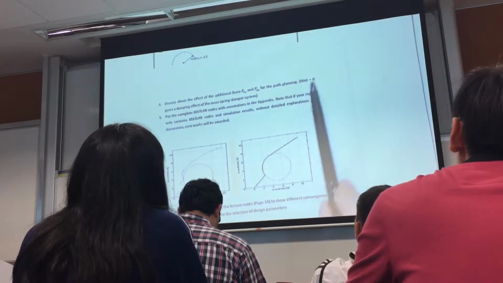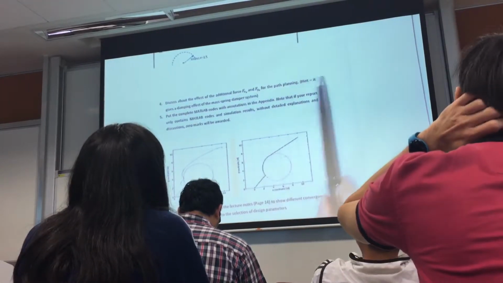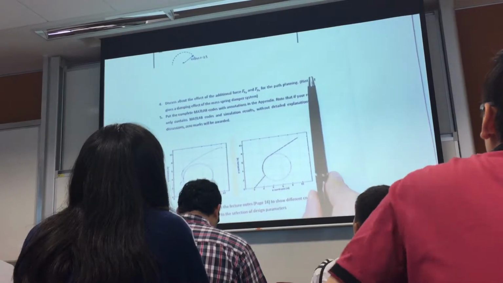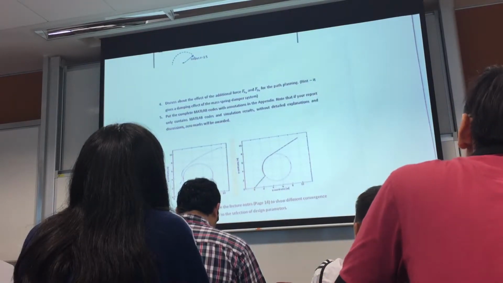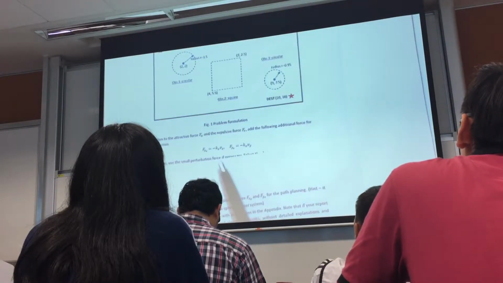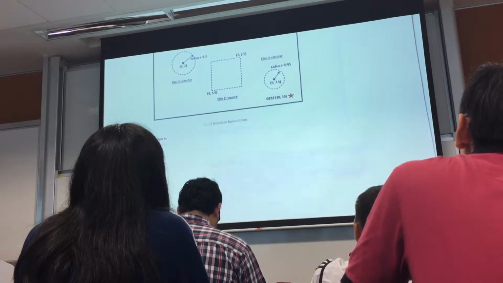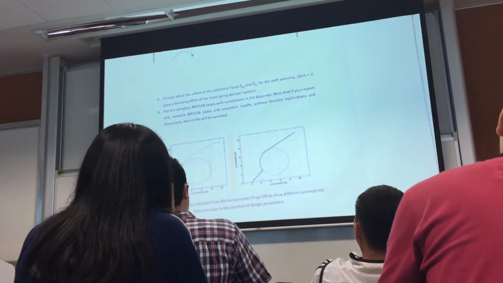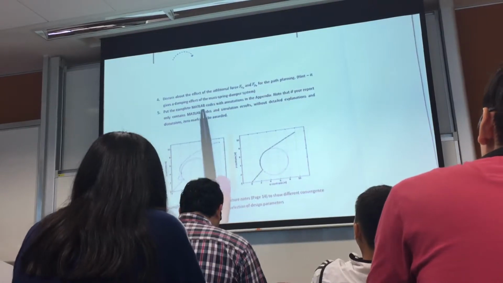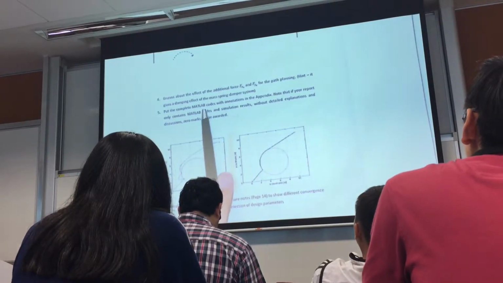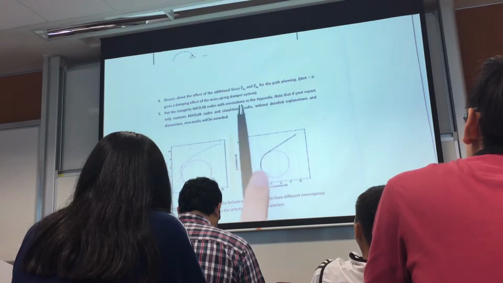I put a hint here to help you think about it. You can also vary the parameter AV to see what happens. You also need to put your MATLAB code with simple explanations in the appendix.